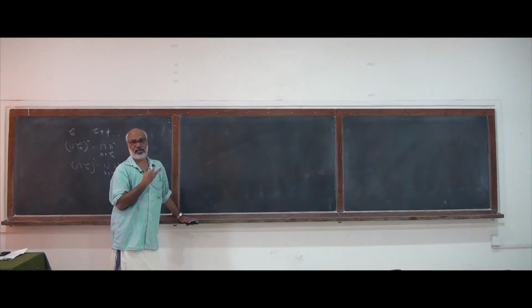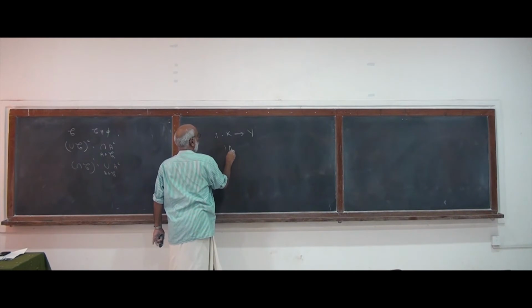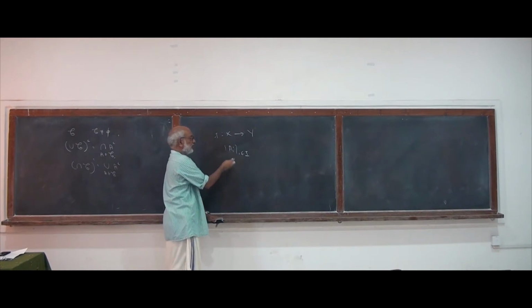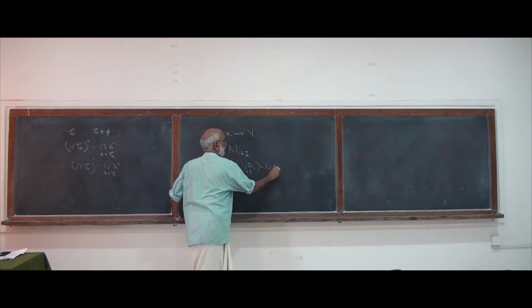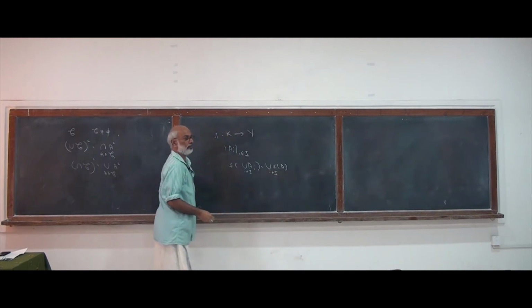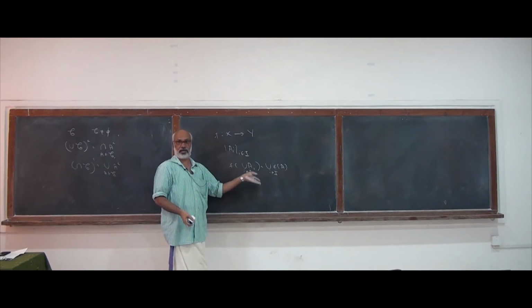If you take an arbitrary collection A_i, i an element of I, of subsets of a set X, and if f is a function from X to Y, then f of union A_i is equal to union f of A_i. The image of a union is the union of the images. This is true for an arbitrary collection of subsets. But in the case of intersection, we know that the result is not true.